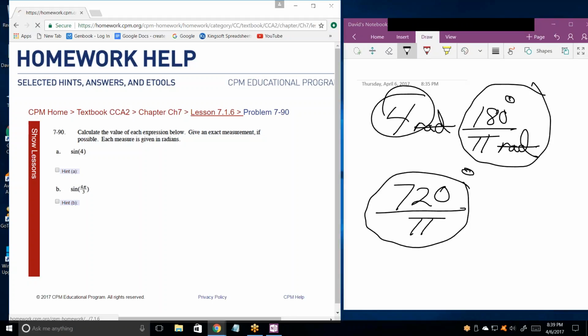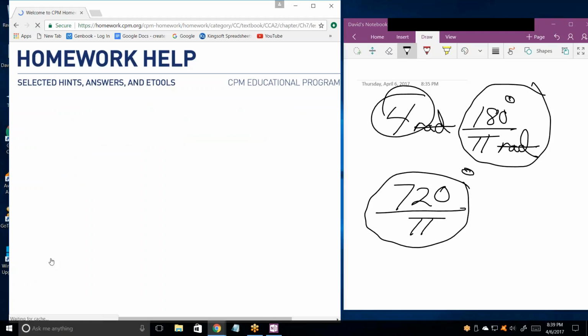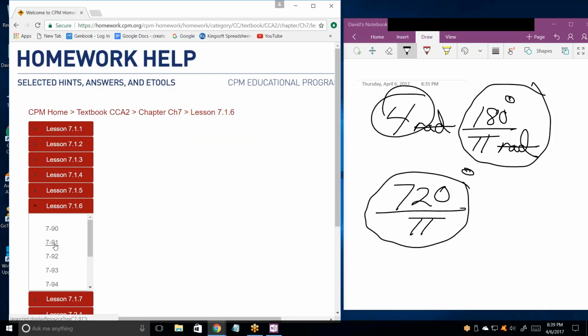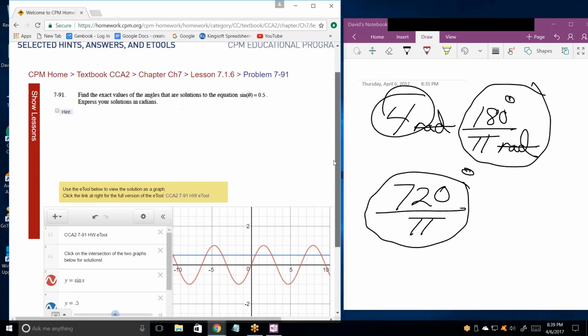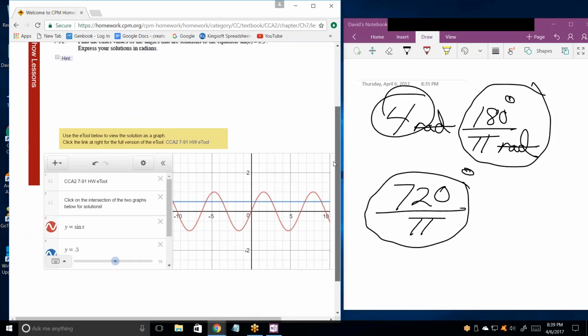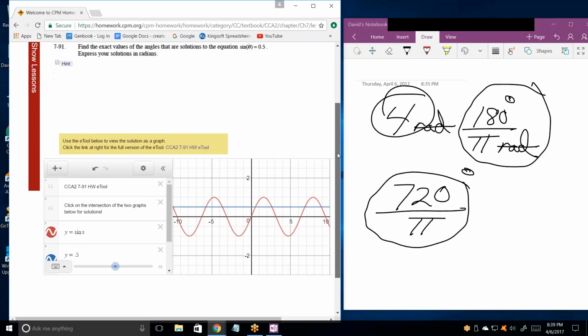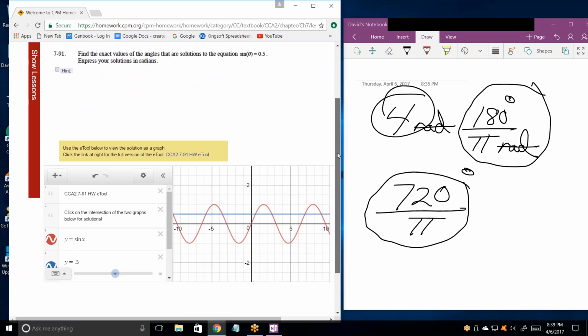All right. How come we sometimes have all this stuff at the bottom? Oh, I see. That's a graph of this. What's the blue line?